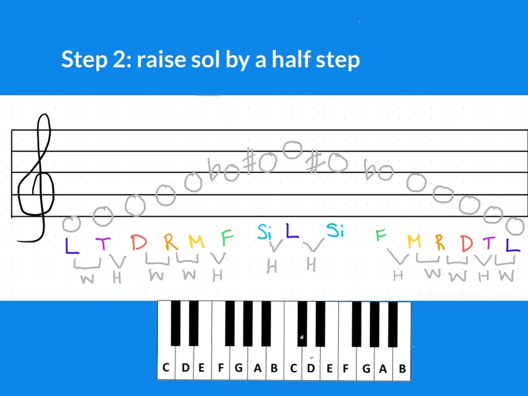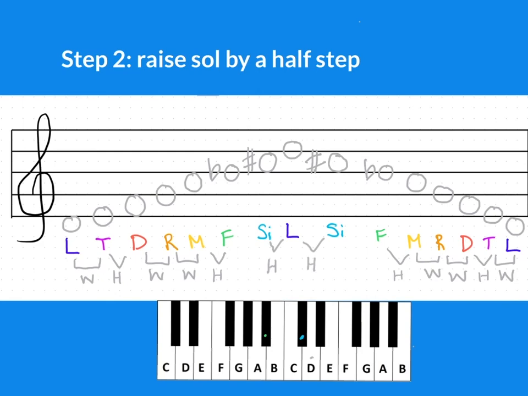Now let's take a look at fa to C though. Our fa was on B flat and C is on C sharp. So let's count how many half steps are between those. 1, 2, 3. So the interval between fa and C is actually bigger than a whole step.